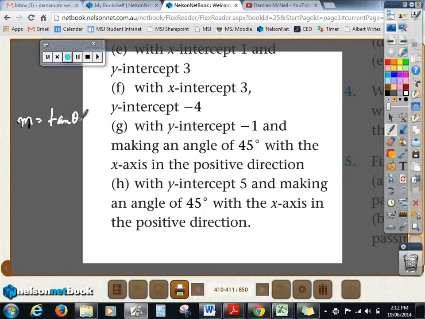So in this case over here, the angle made in the positive direction is 45. So tan of 45 equals 1. So this here has a gradient of 1.